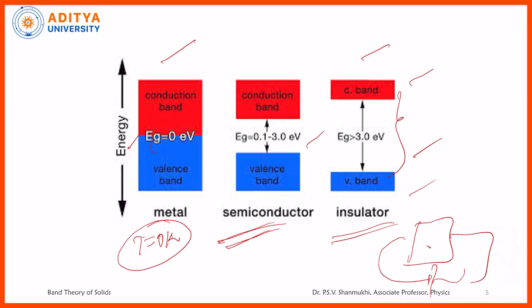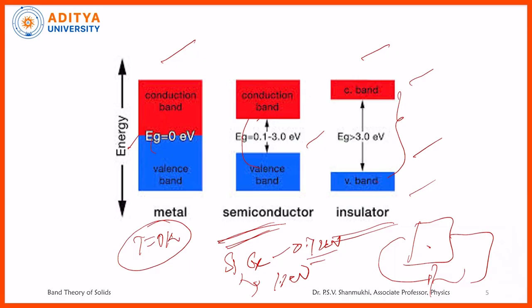Silicon and germanium are examples of semiconductors. For silicon, the energy gap is 1.1 electron volts, and for germanium 0.72 electron volts. Only this much energy is enough to promote the electrons to the conduction band. That means even a little thermal energy is enough to promote the electrons to the conduction band.